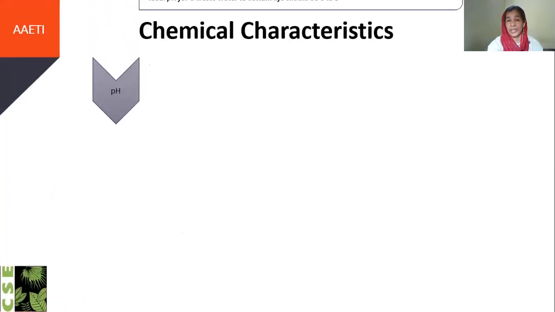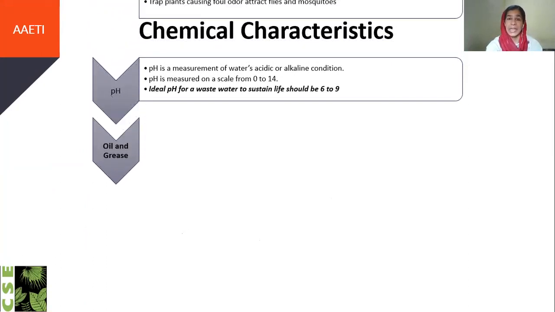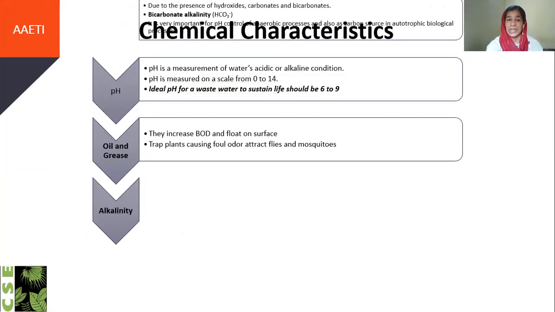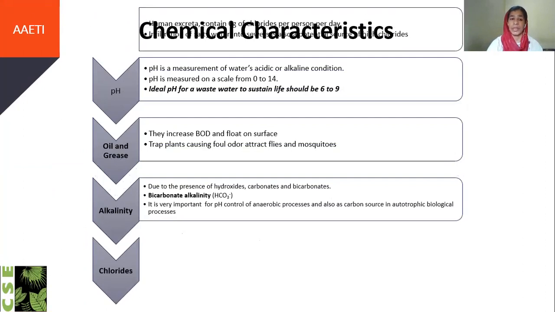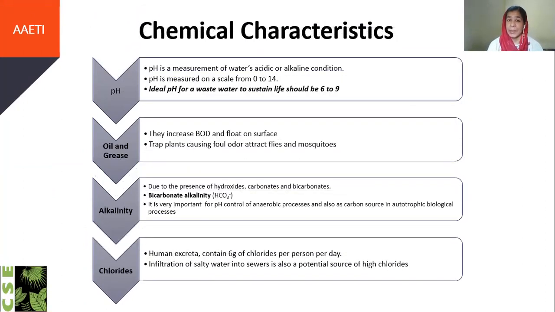Now, coming to the chemical characteristics, the wastewater consists of pH. pH is a measurement of water's acidic or alkaline condition. It ranges from 0 to 14. Ideally, the wastewater should range from 6 to 9.